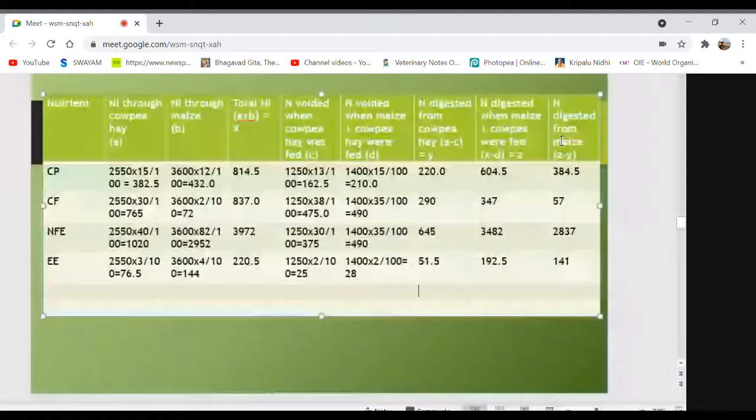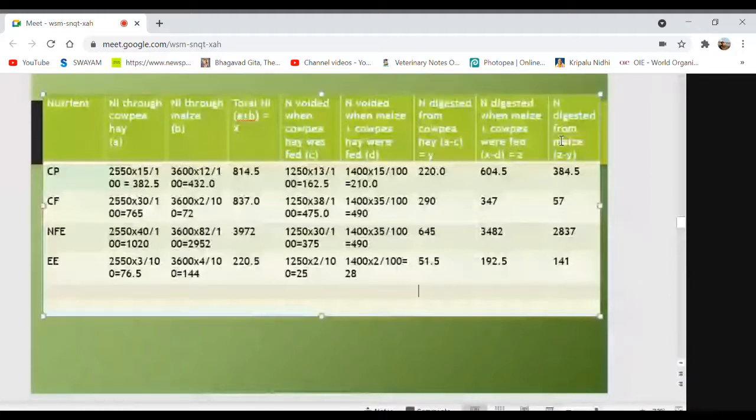If you have that concept, how we can calculate the things, you'll be able to easily make this table. Or if you are confused, like different things you have to remember, then individually also you can calculate, but it will take very long, maybe 15 pages or more will be required, because this is one page, this is one page, like that. Therefore, club together. Okay, this is the nutrient digested from maize.